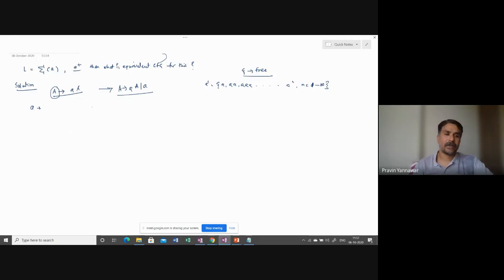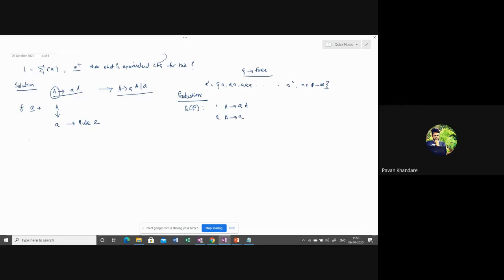So in this case, my productions will be: first, A implies AA, and second, A implies A. If I want A only, then I have to write A being substituted as A, and this is by rule 2.